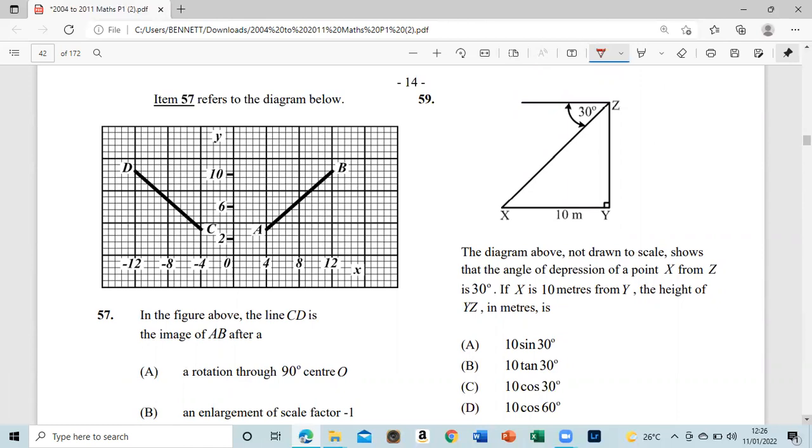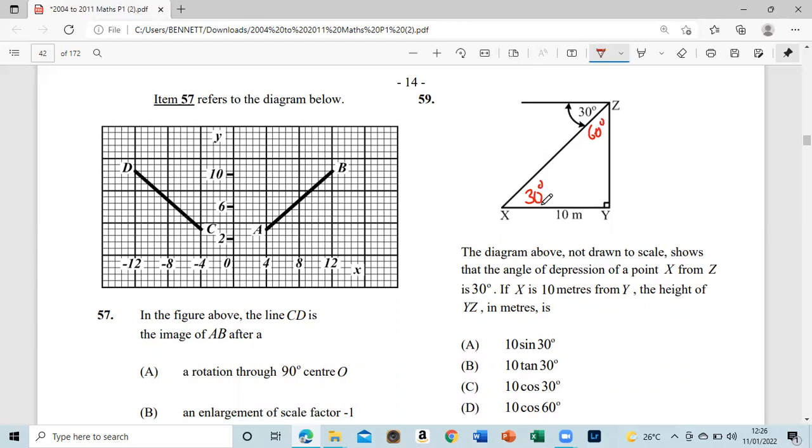The diagram above, not drawn to scale, shows the angle of depression at point X from Z. The angle of depression of X from Z is 30. If X is 10 centimeters, then the height of YZ is... All right, so this will also be 30. It's alternate angles. And that would make this 60 degrees. We're asked for the height of YZ.